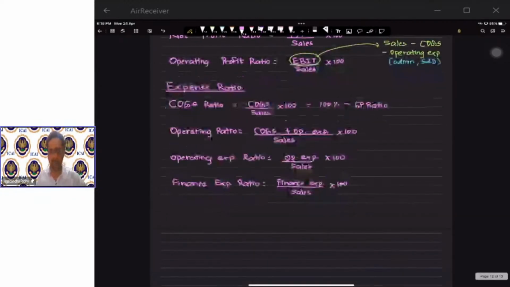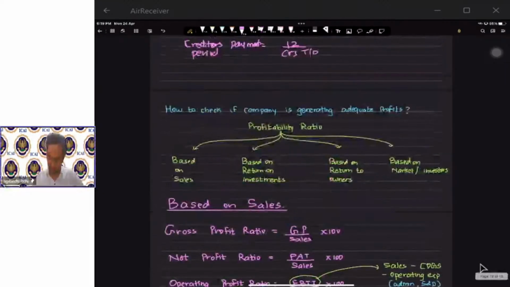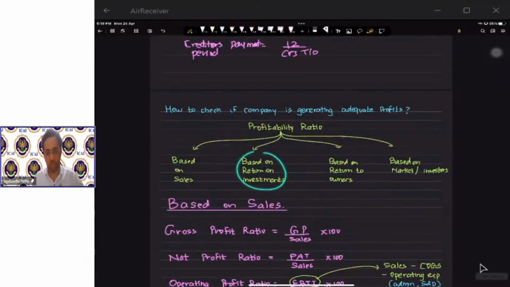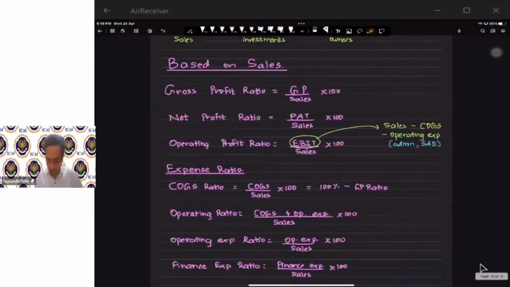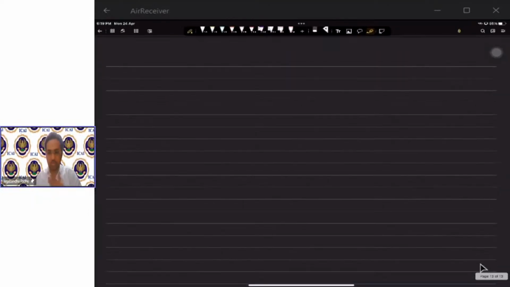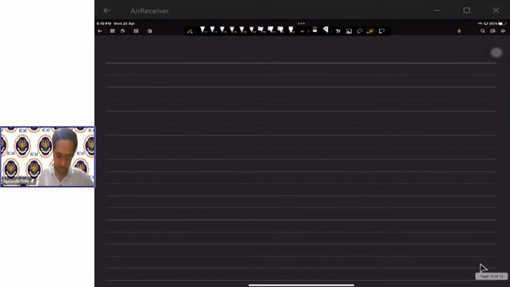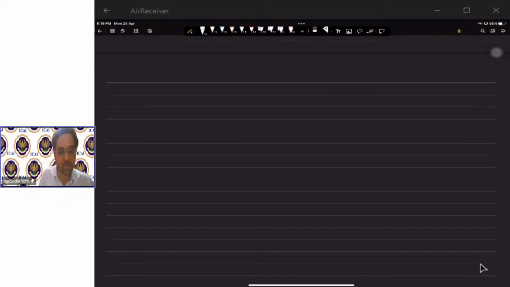So let's go for the next set of ratios, which is based on return on investment. Return on investment tells you how much return the company is generating for which type of investor.